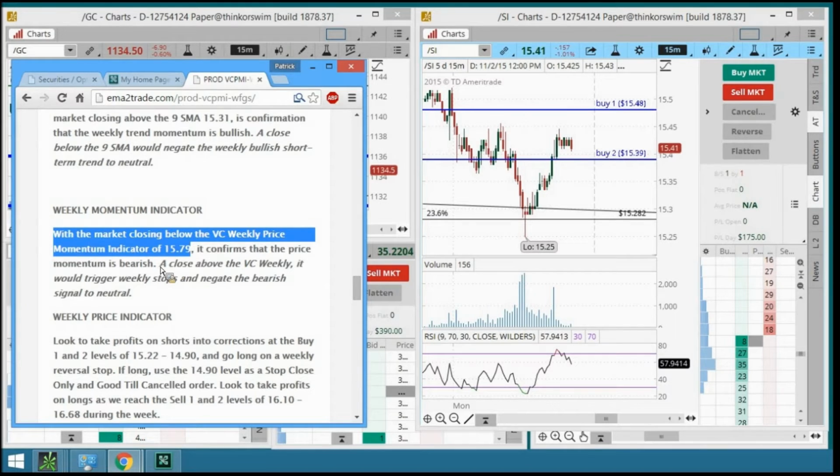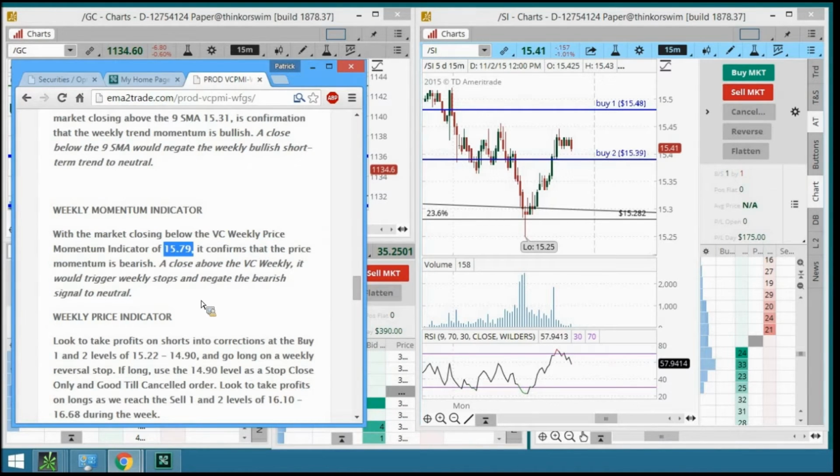But a close above the VC weekly would trigger weekly stops and negate the bearish signal to neutral. So you want to keep an eye at this pivot point of 1579 as it would basically negate this bearishness that we came in since Friday.